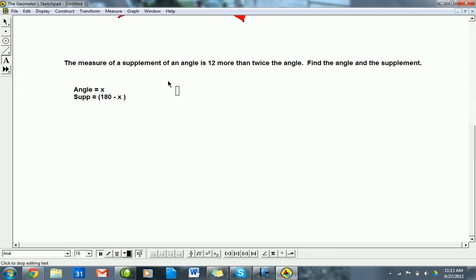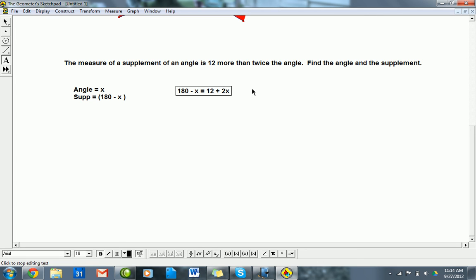The measure of the supplement, 180 minus x, equals 12 plus twice the angle, so that's 2x. So the supplement, 180 minus x, equals 12 more than twice the angle, and the angle is called x.